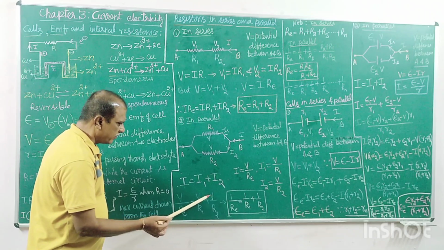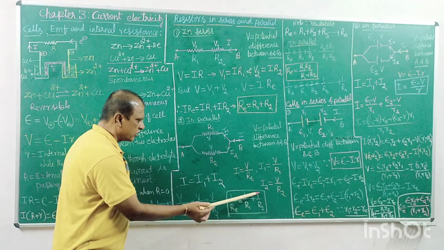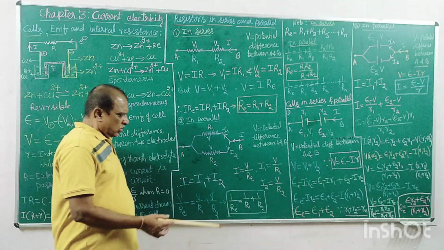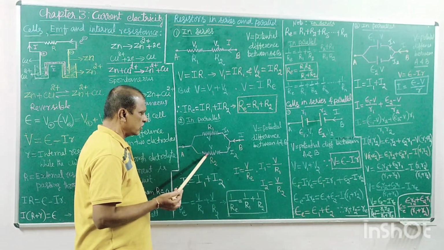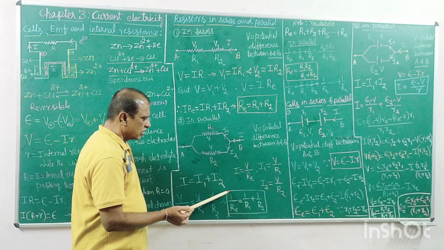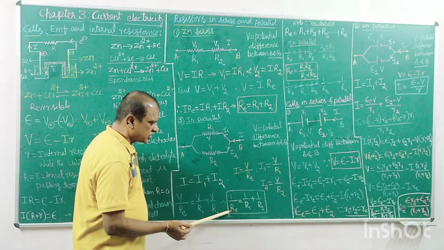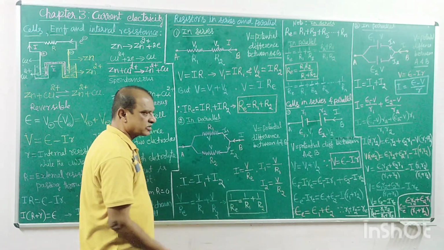Simplify, V and V get cancelled, remaining is 1 over RE equals 1 over R1 plus 1 over R2. What is the effective resistance of this combination? The reciprocal of the total resistance is equal to the sum of the reciprocals of the resistances.